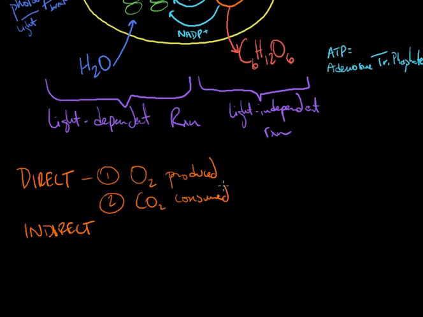But I will say that this becomes a little bit more problematic in our understanding when we consider that plants are also doing cellular respiration. I'm just going to abbreviate CR. So in addition to producing oxygen, they're also consuming oxygen. And in addition to consuming carbon dioxide, they're also producing carbon dioxide.